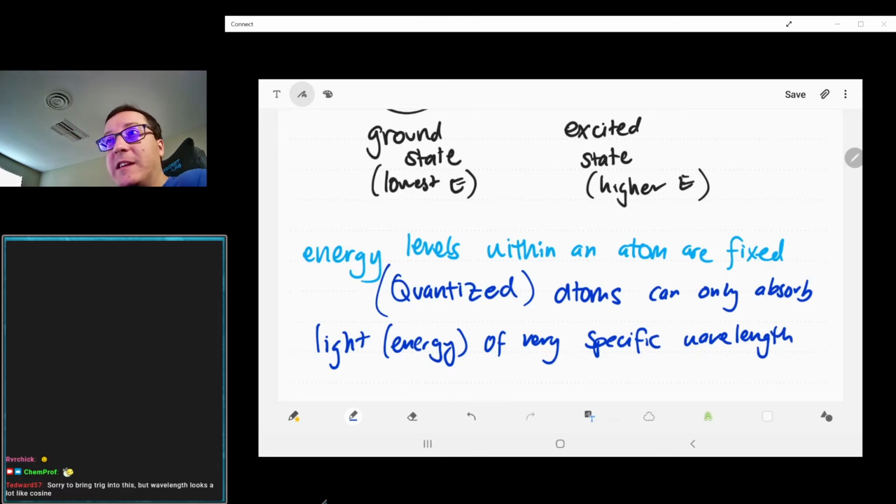And this is going to be different for each atom. So a hydrogen atom can absorb a certain number of very specific wavelengths. If you look at a helium atom instead, it's going to have a whole different set of wavelengths that it will absorb. And so we're going to see that we can kind of identify atoms this way by looking at what wavelengths of light atoms are absorbing.